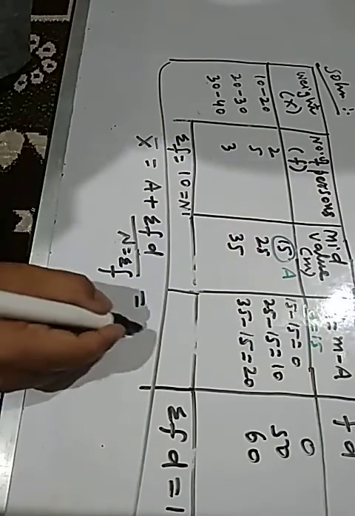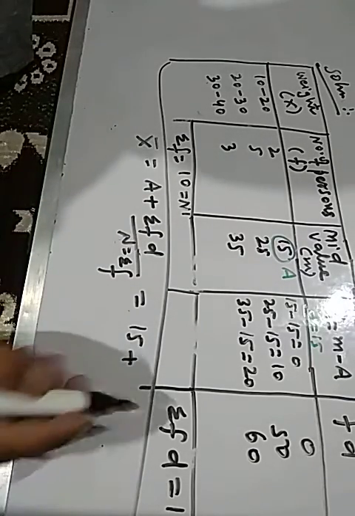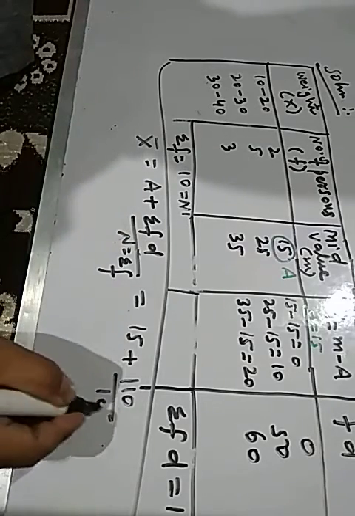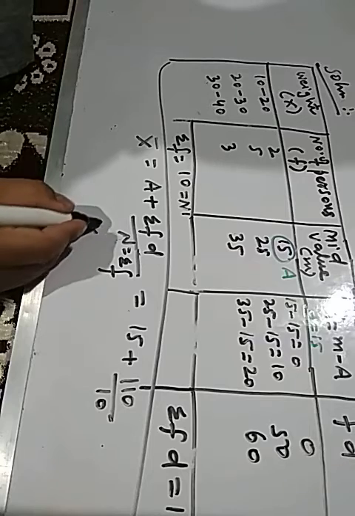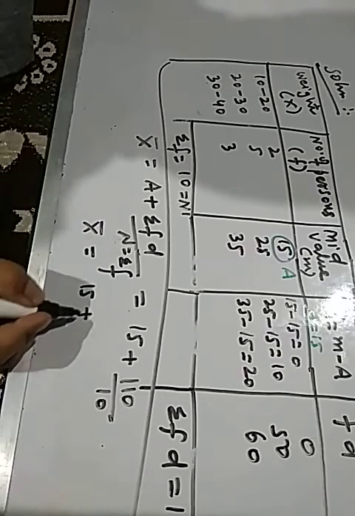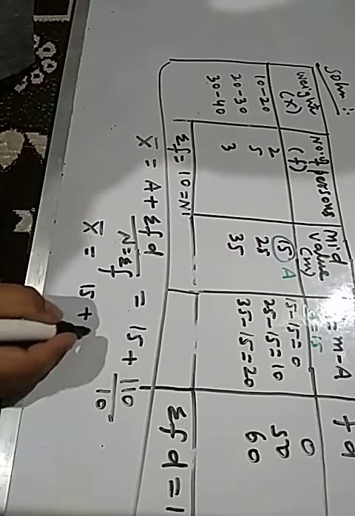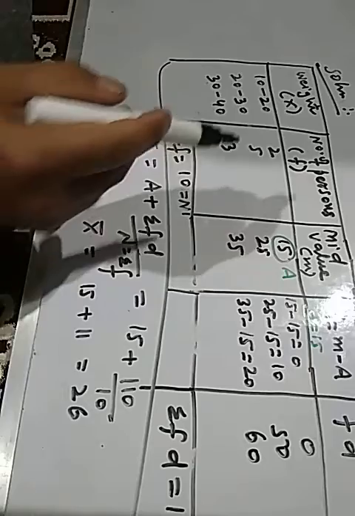assumed mean, that is 15 plus sigma f d is equal to 110, sigma f that is equal to 10, and it will be equal to x bar, that is arithmetic mean, it will be equal to 15 plus 110 divided by 10, it will be equal to 11, and this will be equal to 26, that is weight in kgs.